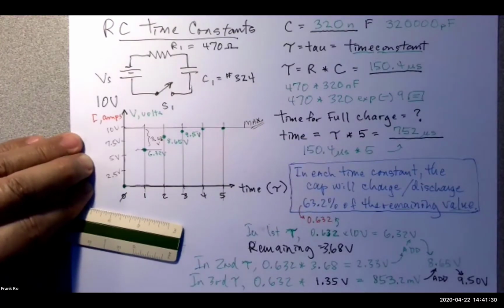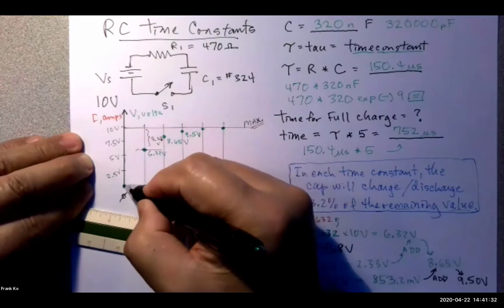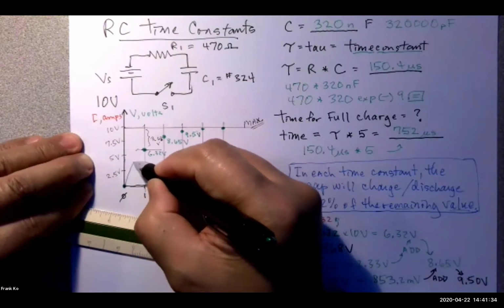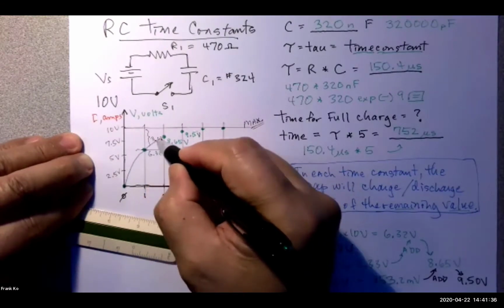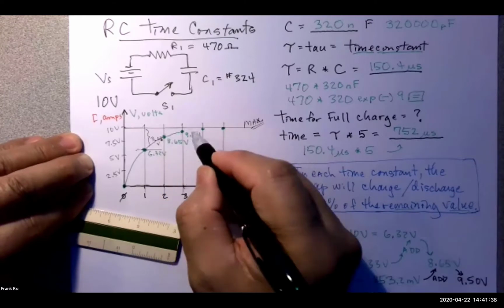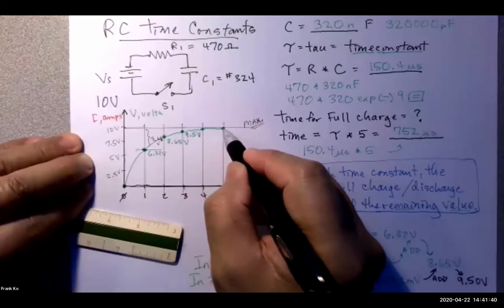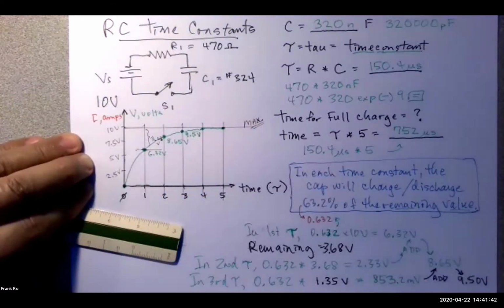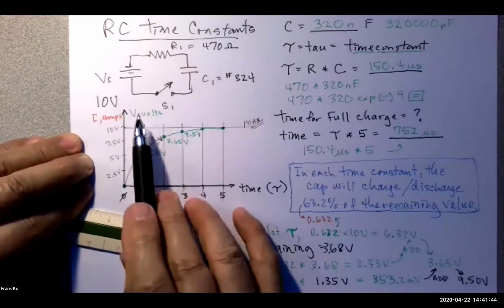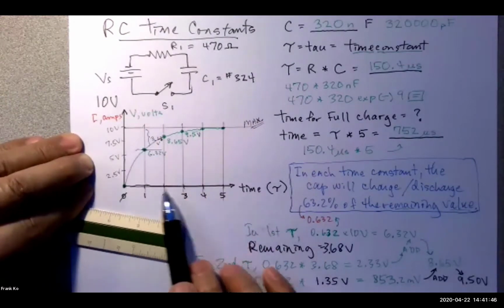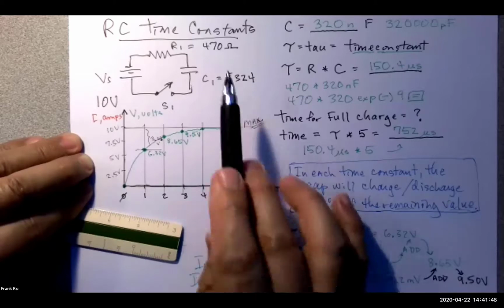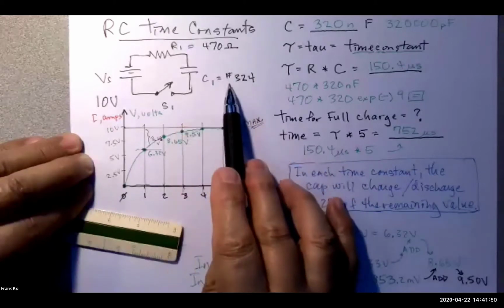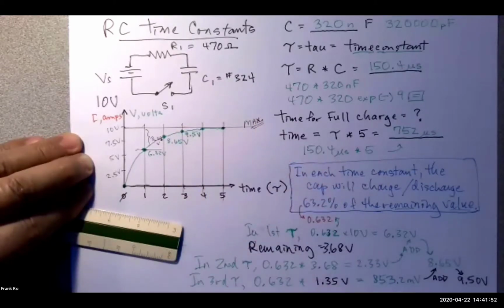And if we connect the dots, we end up with an exponential curve that looks something like this. Here, here, here, here, and here. This is how voltage charges over 5 time constants for this particular resistor and this particular capacitor.